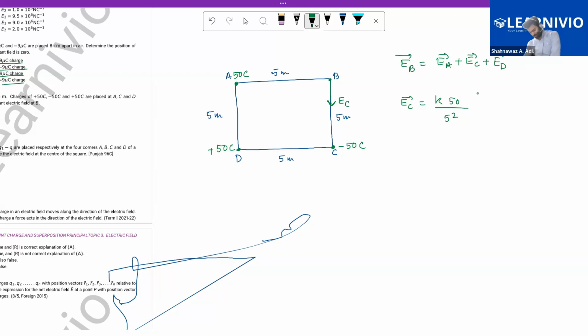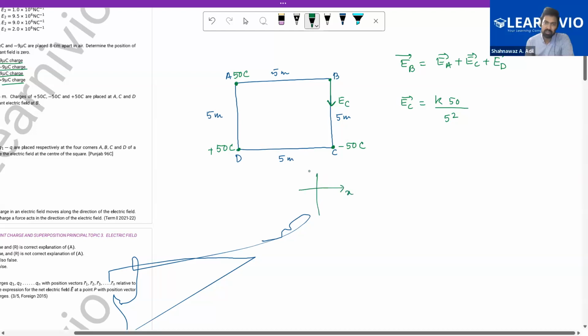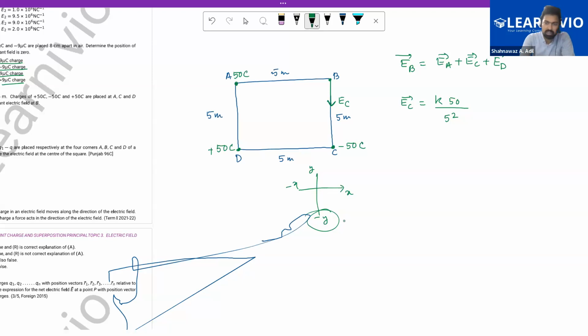They are orthogonal, so this is x, y, minus x, minus y. Minus y is not a direction, right?